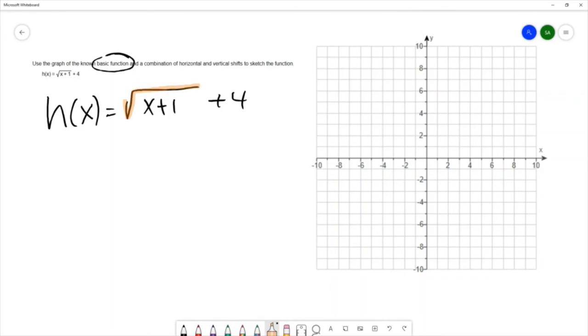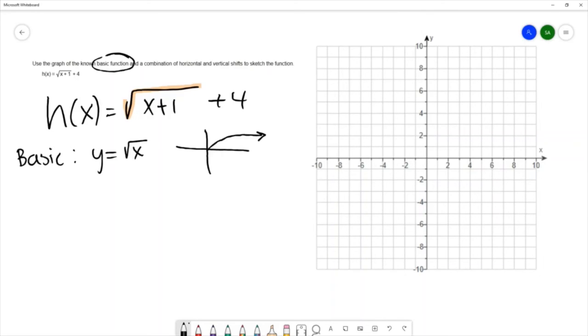We have the square root, and that means our basic function is y equals the square root of x. The graph of that basic function is the top half of a sideways parabola.